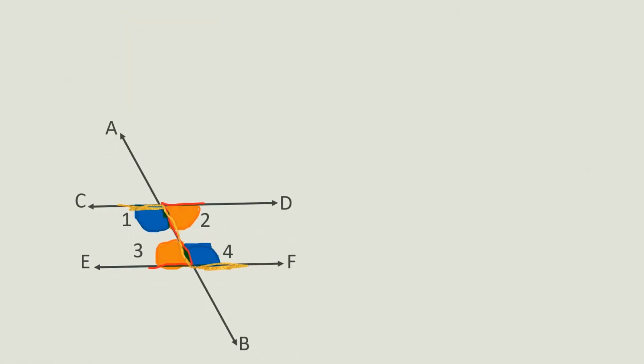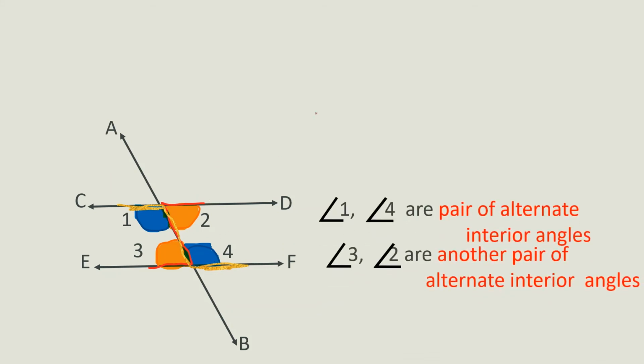Example, in this figure, angle 1 and angle 4 are a pair of alternate interior angles because they're inside the parallel lines and on the opposite side of the transversal line. And as you can see, they form a Z shape if you start from angle 1 and angle 4.